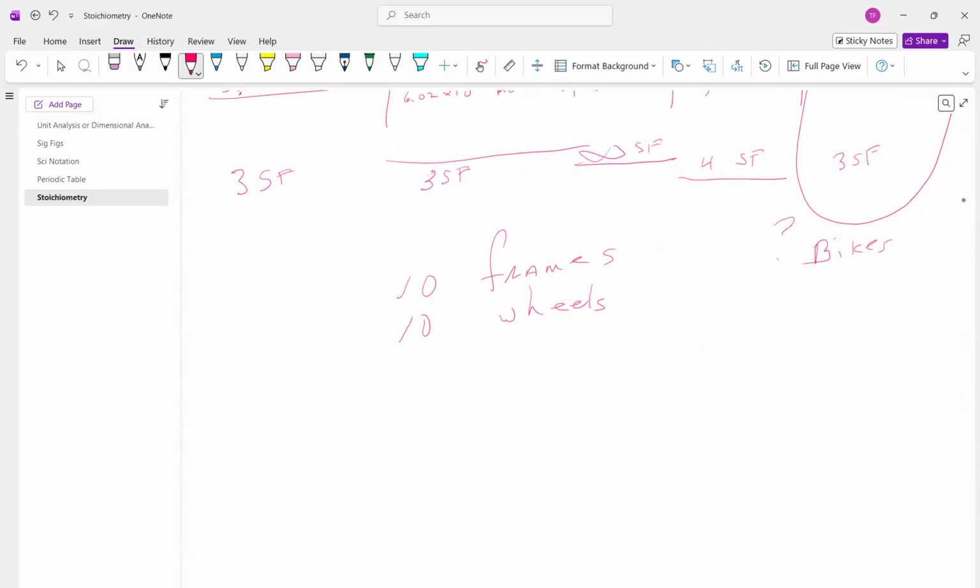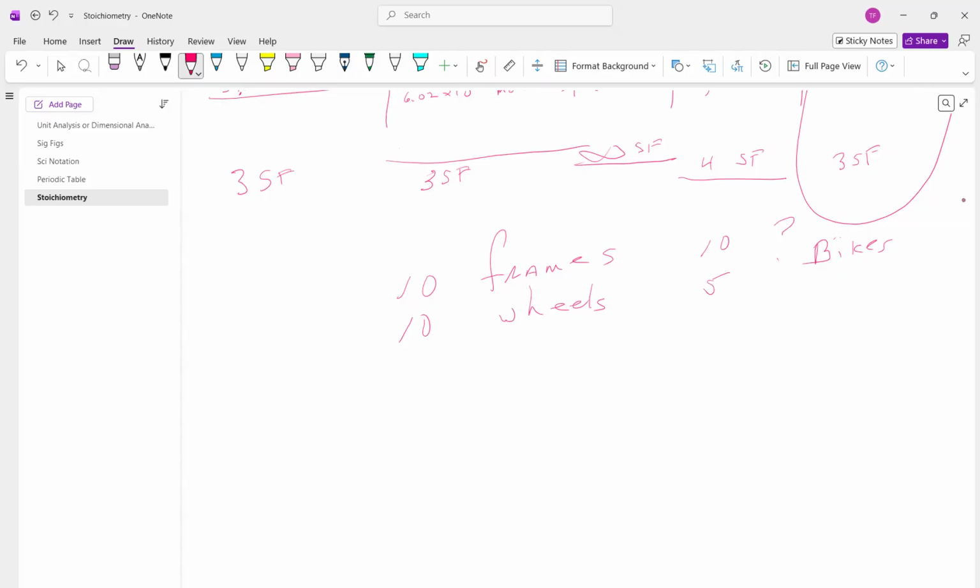How many bikes? The given is 10 frames and 10 wheels. So how many bicycles can I make? Well, if I ignore the wheels, how many bicycles can I make? 10. If I ignore the frames, how many bicycles can I make? 5.